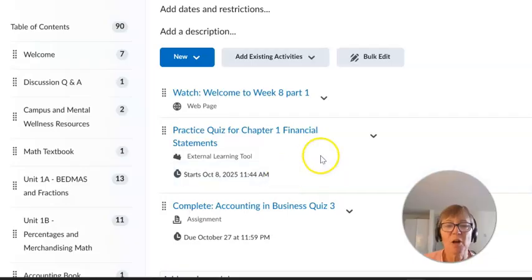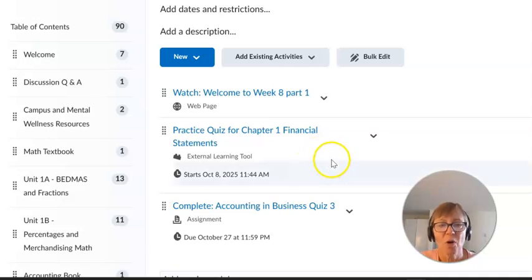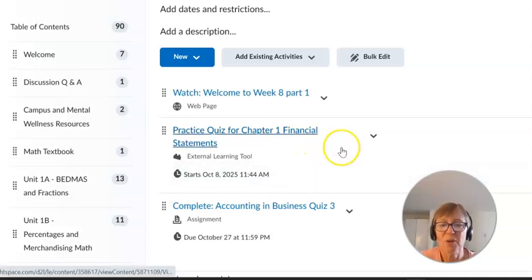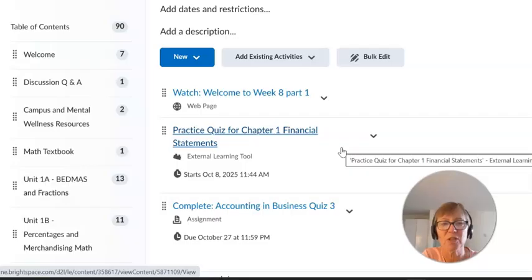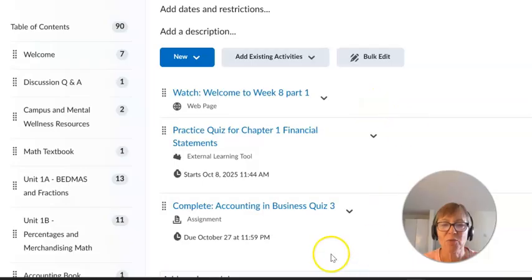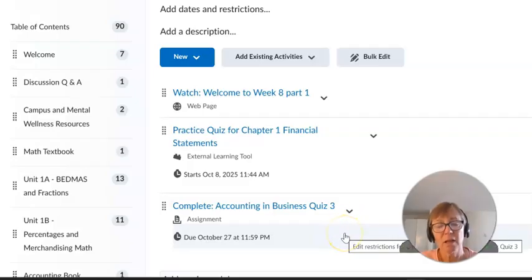I've set up a practice quiz for you here so that you can go in and practice it as many times as you want, just to get the feel for what the quiz is going to be like. It's in Connect, and I've given you multiple attempts. The actual quiz that's going to be marked is due on October 27th at midnight, or 1 minute before.